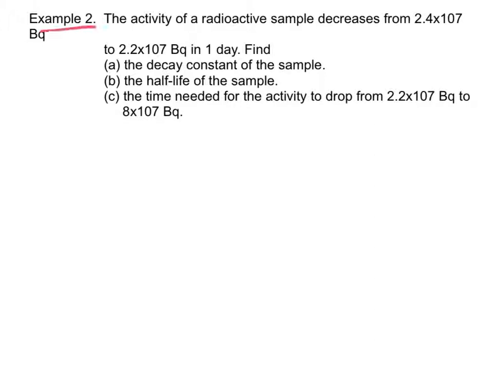Example 2. Let A naught be 2.4 times 10 to the power 7 Bq and A be 2.2 times 10 to the power 7 Bq and time t is 1 day. Part a.